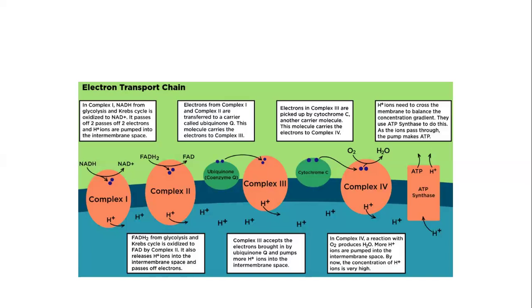Then a single FADH2 molecule will give you what? Two ATP molecules. And what basically regulates this electron transport chain is oxygen availability, which is the most important thing. Number two, energy demand.